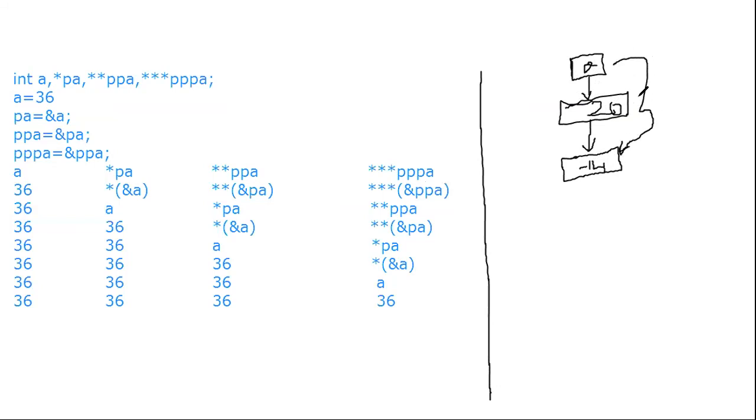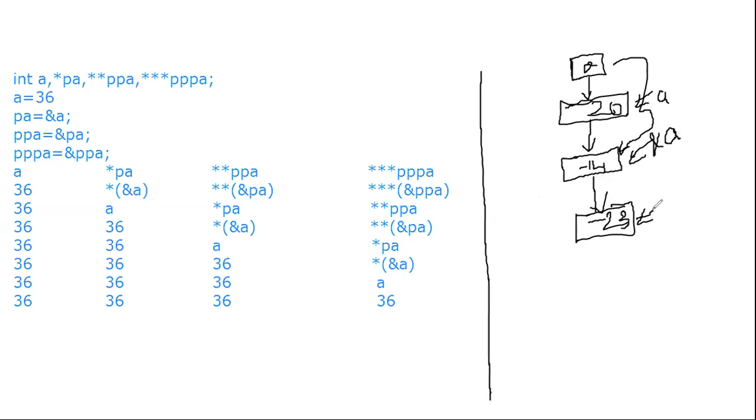Actually this one is the variable a value, and this one is the variable a address. Now again it has another address. That address is -23.